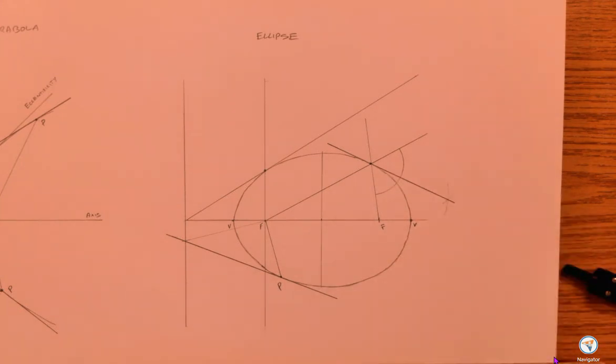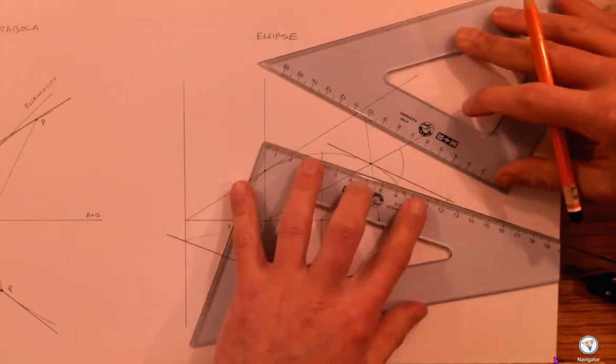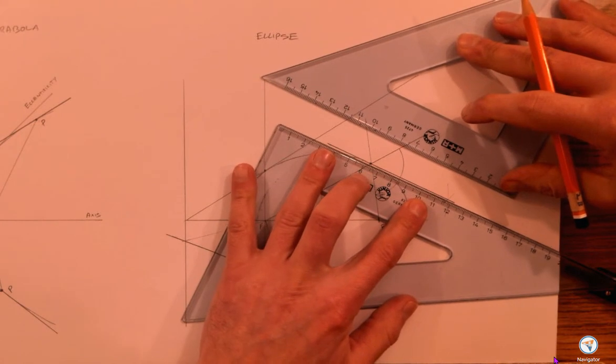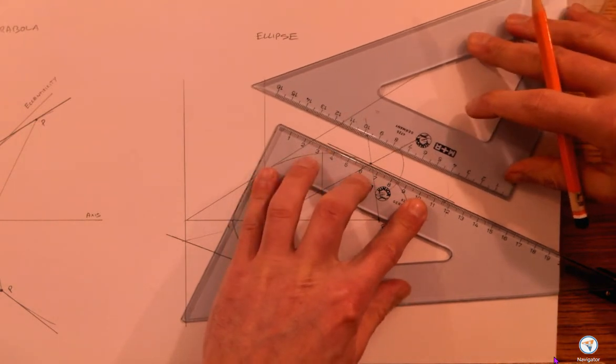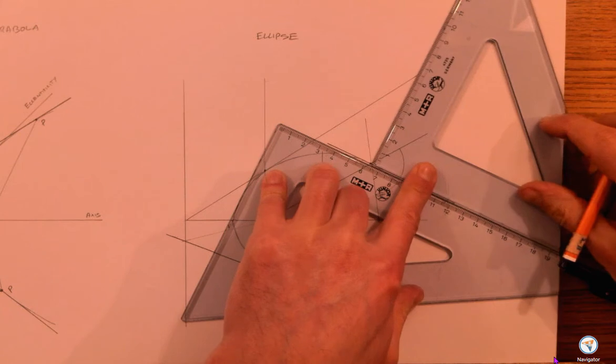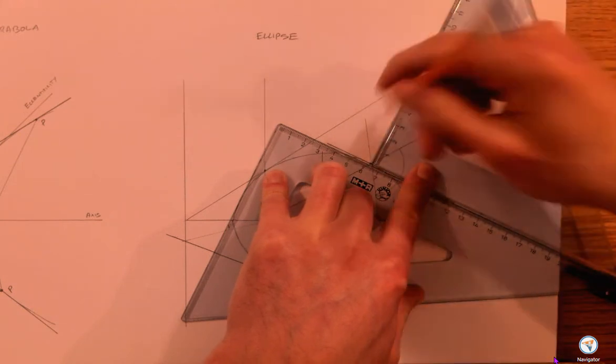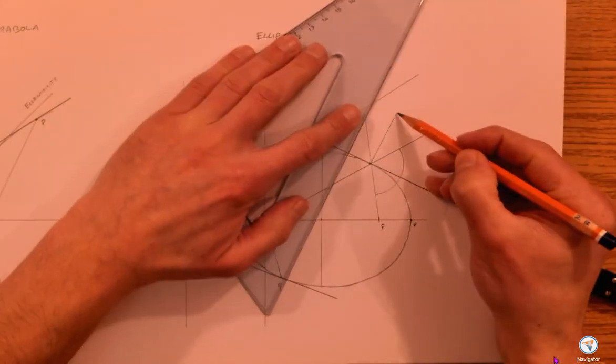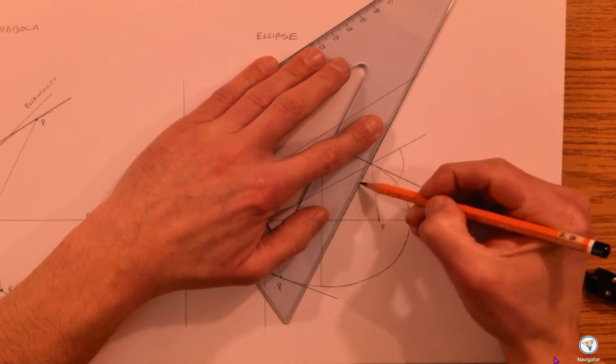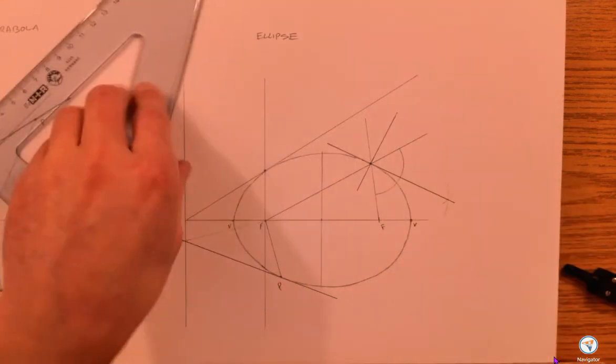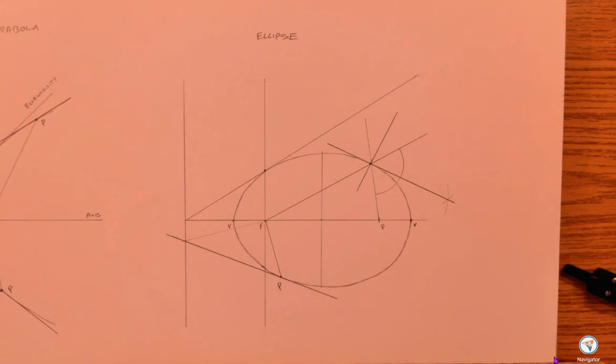The normal, if they ask you about a normal, is just a line at 90 degrees to the tangent. So in other words, a normal to that tangent is just a line at 90 degrees. So when I come along, come off here at 90 degrees, that is a normal. That's the same for any tangent in parabola, ellipse, or hyperbola. And so again, two different methods.